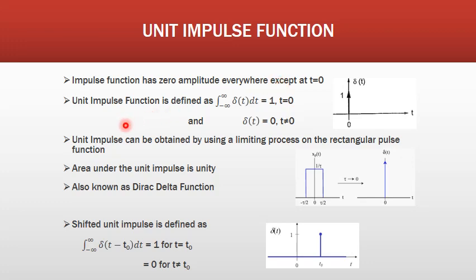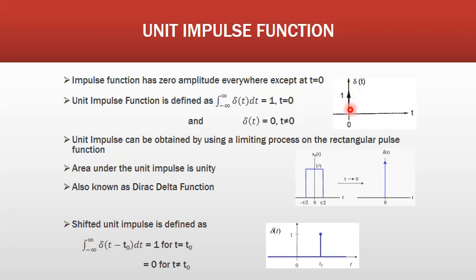It is defined as integral minus infinity to plus infinity del of t dt is equal to 1 for t is equal to 0, or simply we can say that del of t is equal to 1 at t is equal to 0 and del of t is equal to 0 when t is not equal to 0.